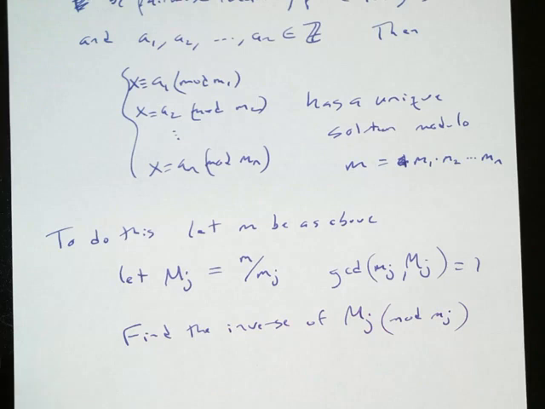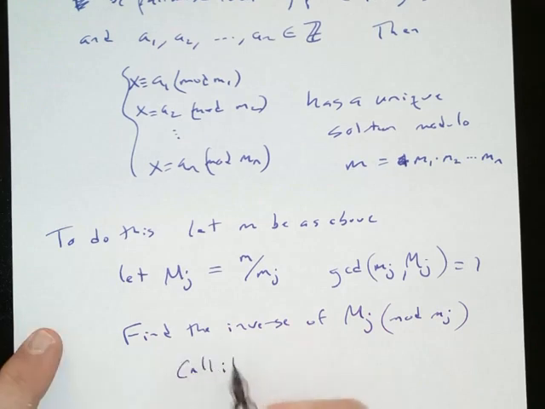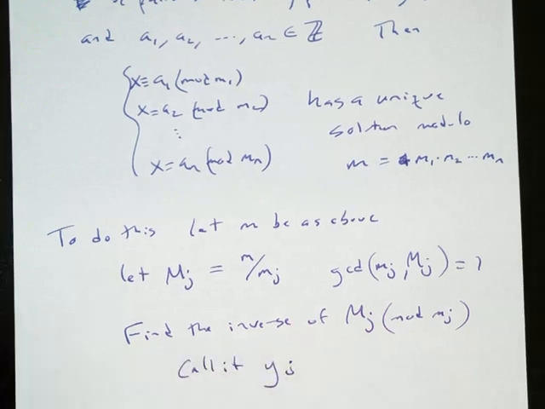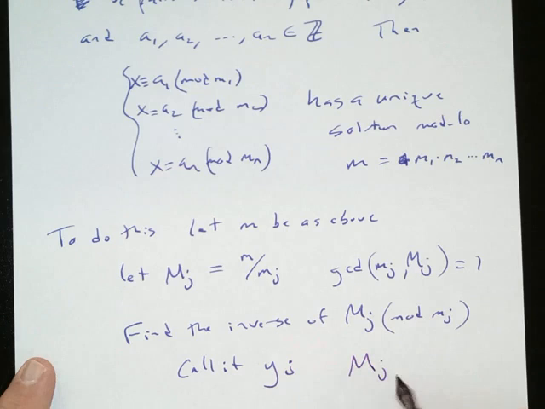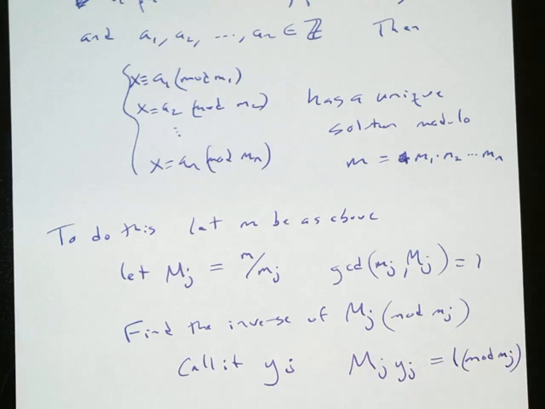Then we have to find an inverse. Let's give that inverse a name, yj. And that means that capital MJ times yj is equal to 1 mod little mj.